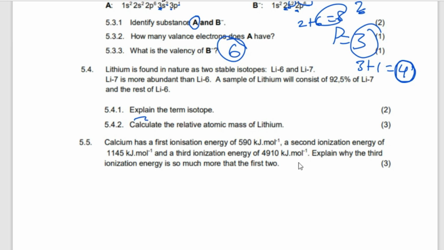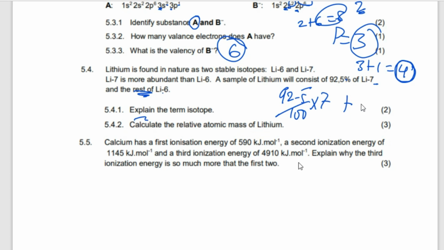In this case, calculate the relative atomic mass. So here you're going to say the percentage, which is 92.5 divided by 100 times 7, because this one is lithium 7, plus the balance, the rest is this.